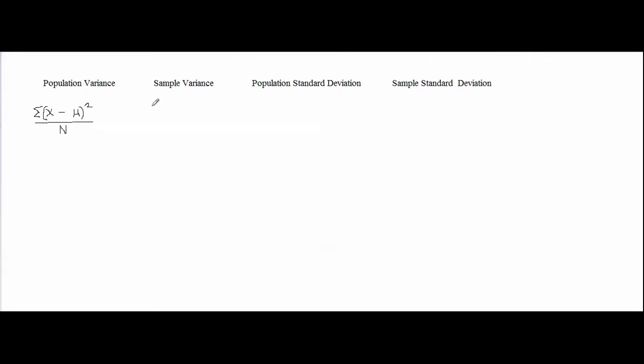Let's now talk about the formula for the sample variance. It's a similar formula, but some of the symbols are a little bit different. X still means an individual data value. It's the sum of x minus x bar squared over lowercase n.